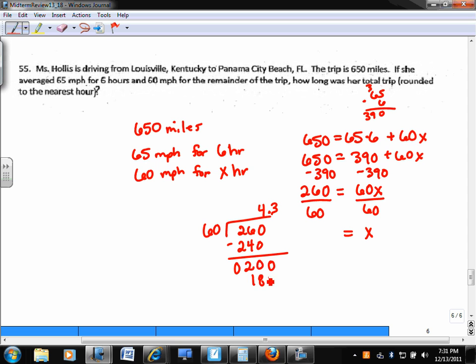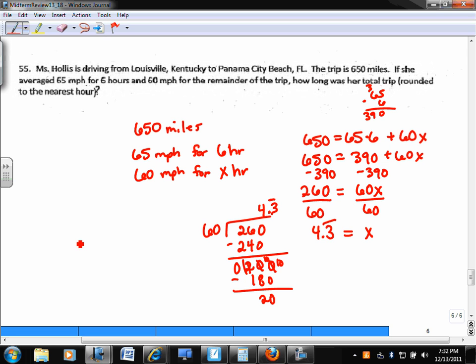It's going to be 180. Now 20 left over. So we know that we have a third. So it's 4.3 repeating. So x is 4.3 repeating, or 4 1/3.